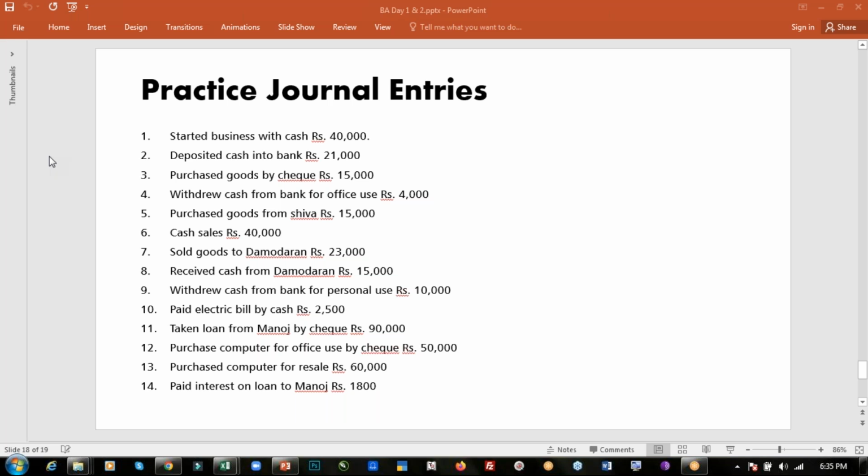Varsha, it basically depends on which kind of transaction entry you are going to write.